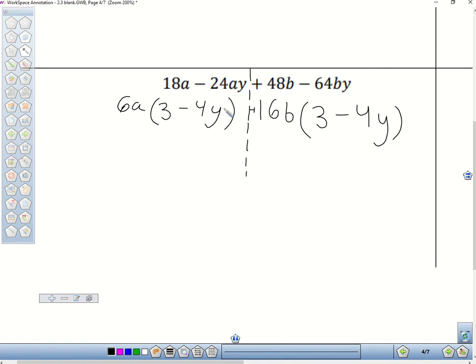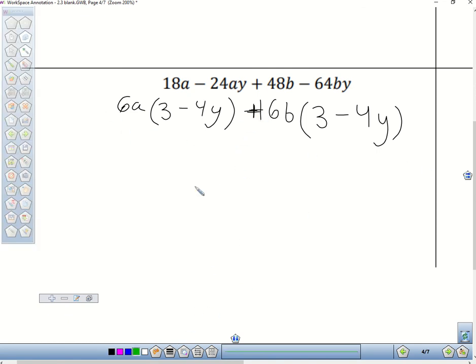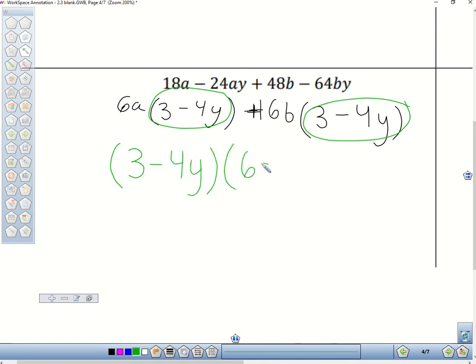Because now we have the same thing to factor out here and here. So we can drop our dotted line, and now we can see what both terms have in common. So I have this term and this term, and both have a 3 minus 4y that I can factor out. When I factor that out, I get 3 minus 4y times 6a plus 16b.